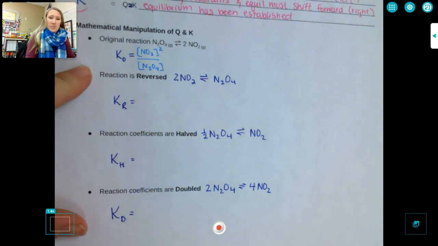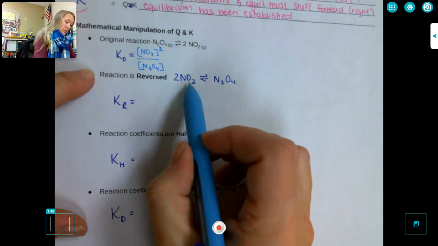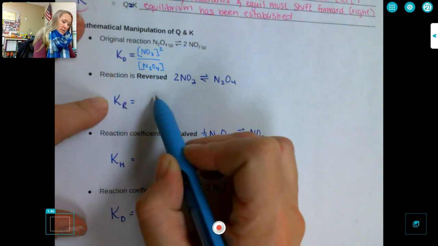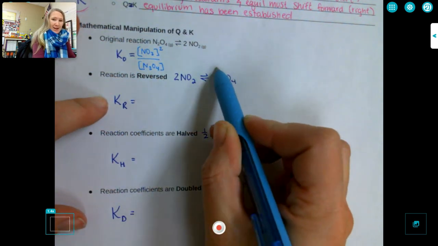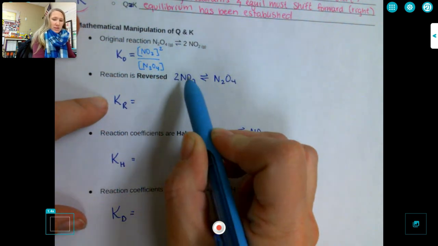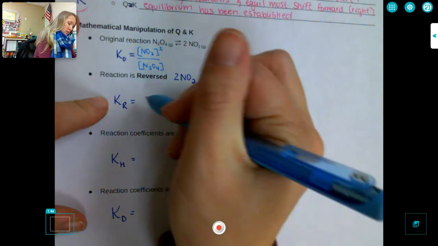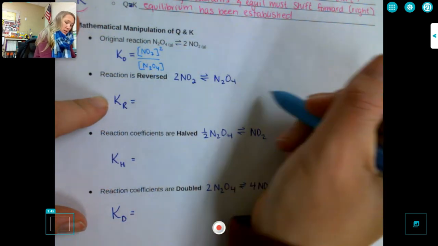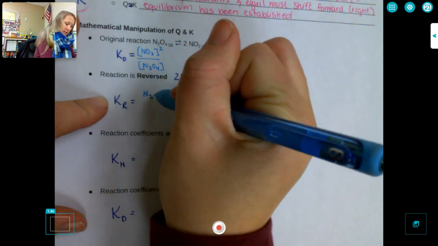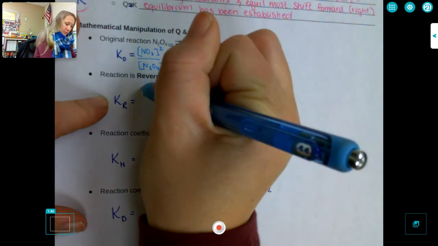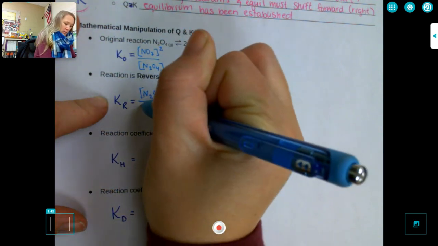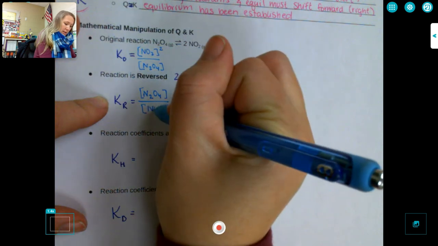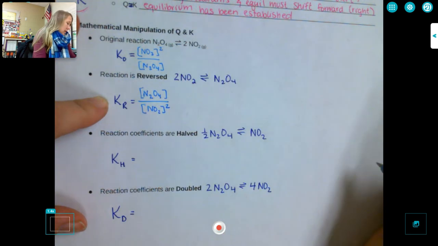If this was an elementary step and I needed to reverse it, well, the reverse reaction is just flipped. Even though it's a reverse reaction, now my products are over here on the right, my reactants on the left. So now the K expression of my reverse reaction is just flipped. I have my now products, N2O4, over my now reactants, NO2, squared.